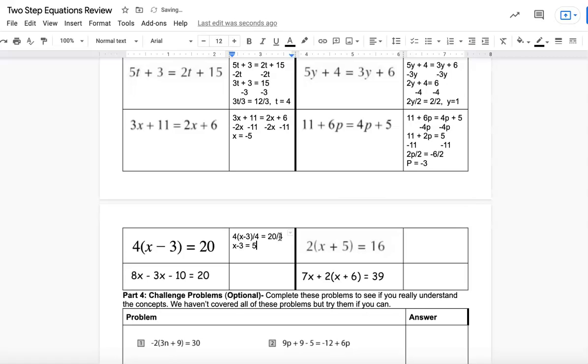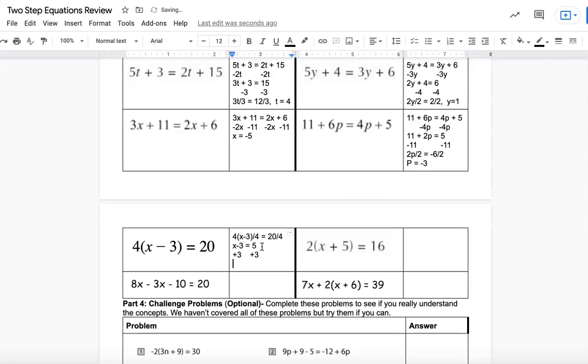And on the other side, you'd have 20 divided by 4, which is 5. And so that's something super easy. So if you simplify before and divide both sides by 4, it makes it easier than doing distributive property and solving it out. But the reason why I say maybe not to do that is so that you don't do it in this kind of problem, because you can't do it in this problem. Okay, so then you add 3, x equals 8.